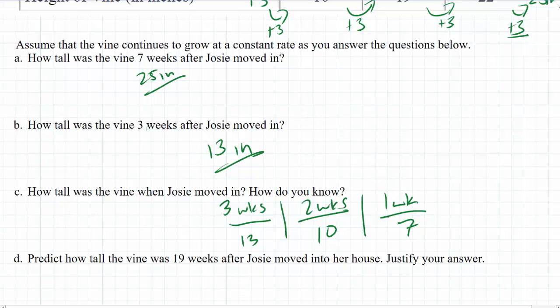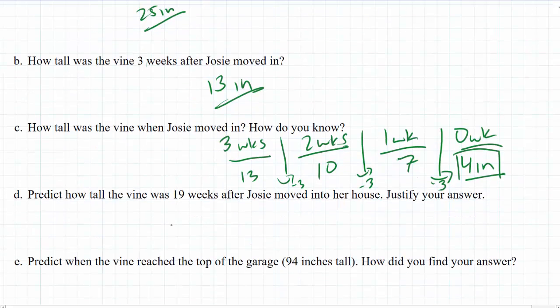However, the 1 week means 1 week after Josie moved in. So we're not actually looking for 1 week, we're actually looking for the 0th week. So in the 0th week, that's going to be 4 inches. Okay, so the vine was 4 inches, and we know that because we created the table showing a decrease of 3 inches each week.